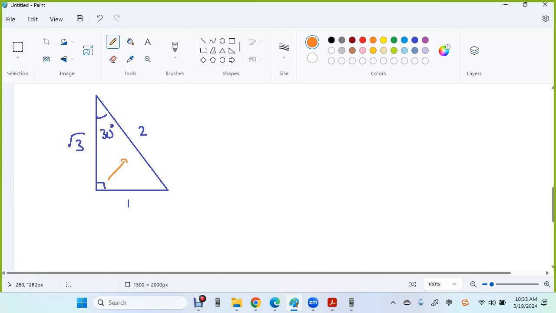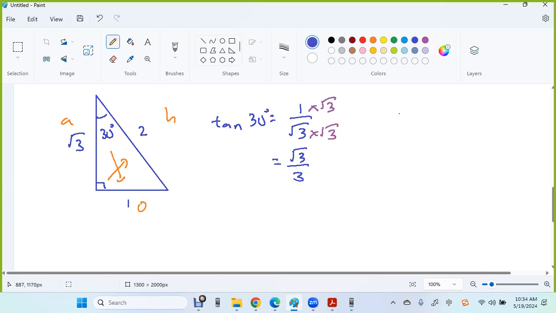So this will be the hypotenuse, opposite, adjacent. So we have the tangent 30 degrees is 1 over square root 3, that is square root 3 over 3, because we multiply with the square root 3 here. And then we have the cos 30 degrees will be square root 3 over 2, and the sine 30 degrees will be 1 over 2.